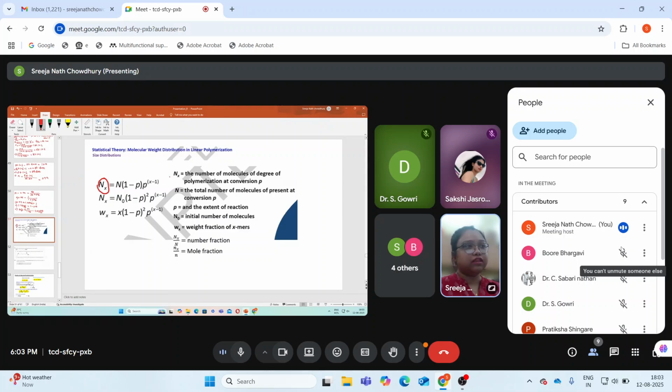See, if we have a polymer system where the degree of polymerization is, say, 100, then nx is the number of molecules with degree of polymerization 100. So instead of x we can write 100, and it will be the number of molecules with degree of polymerization equal to 100. This is what it means.